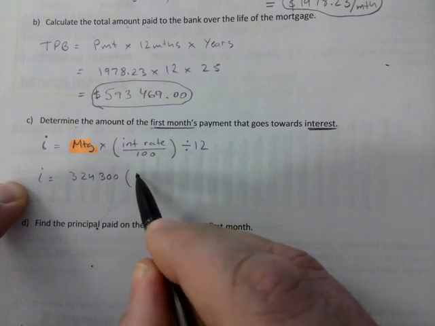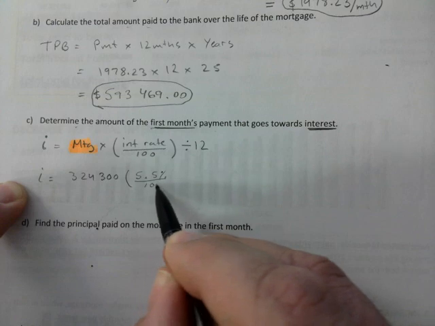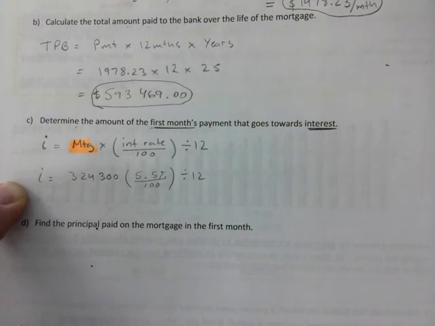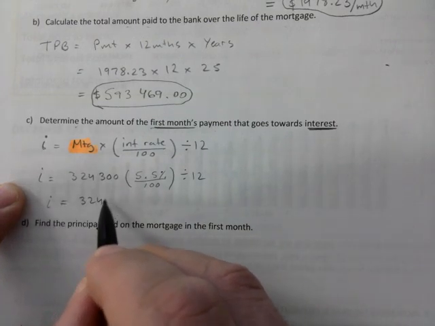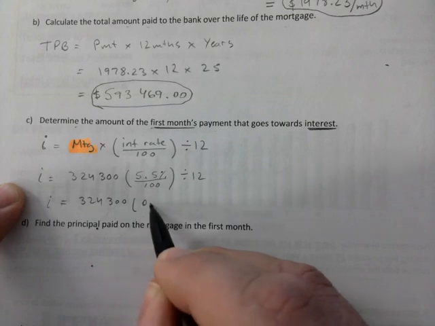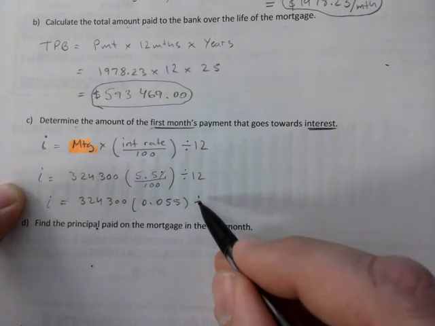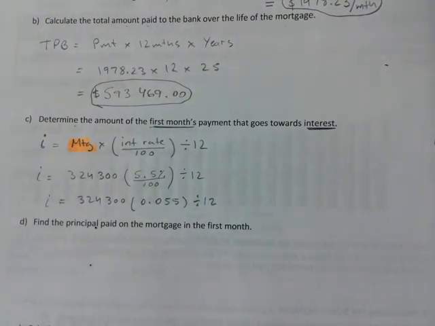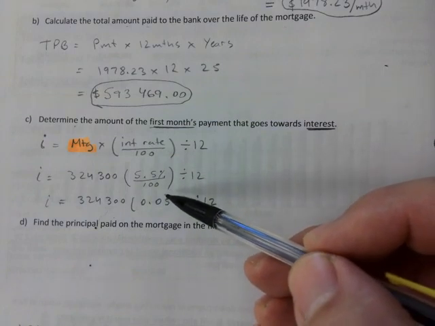And then we take our interest rate, which is 5.5%. We will divide that by 100 to get rid of the percent sign, and then you divide it by 12. That's 0.055 when you divide that by 12. So if you already turn the percentage into a decimal in your head, don't divide it by 100 again.